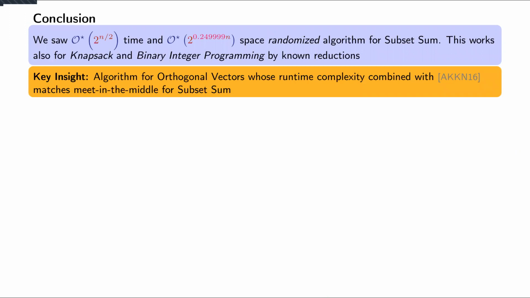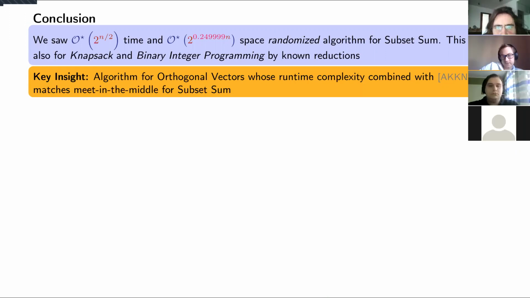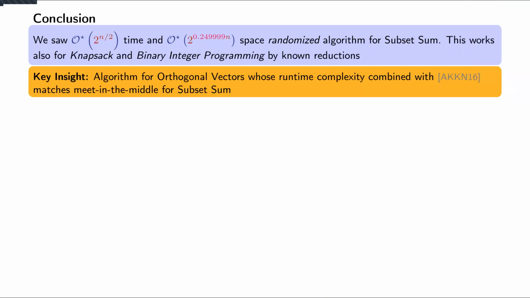To conclude, we saw that you can have a 2 to the n half time and 2 to the 0.249999n space algorithm for subset sum that transfers to binary integer programming. The key insight is that you can use the orthogonal vectors algorithm that matches exactly meet in the middle for subset sum.